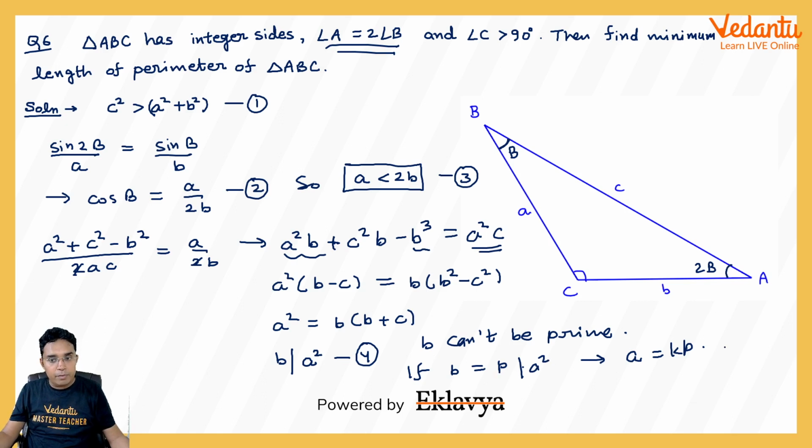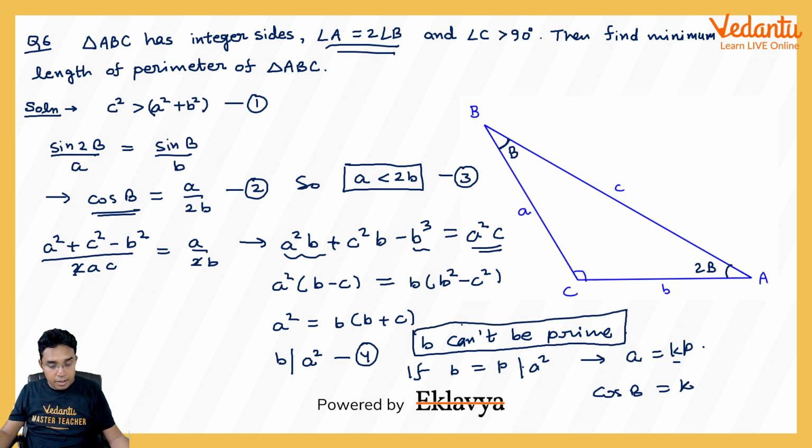So A will be equal to KP, and from this equation number 2, cos of B will become equal to K. And here K has to be at least 1 or larger. Greater than 1 is out of the question, and equal to 1 is also not possible because cos B will then be 1, B will become equal to 0 degree. So that means B cannot be prime. I think that is also something we should keep in our mind.